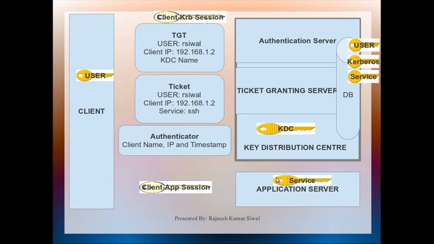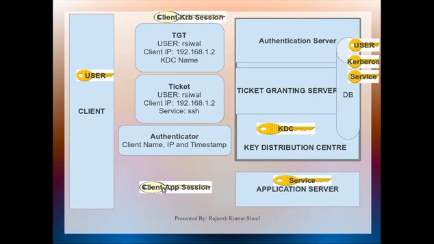So as soon as the application server receives it, the application server has the private key, it will decrypt the ticket and it will have the session key of itself. Now the application server has the session key, and now it will decrypt the authenticator and make sure that the client has access to it.